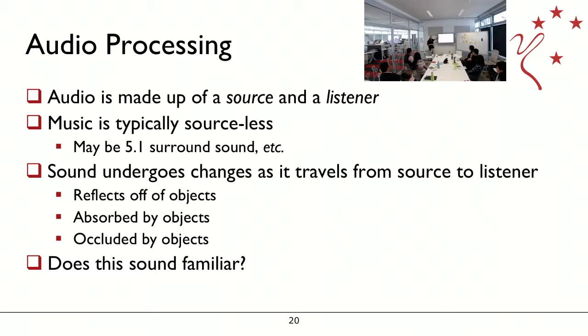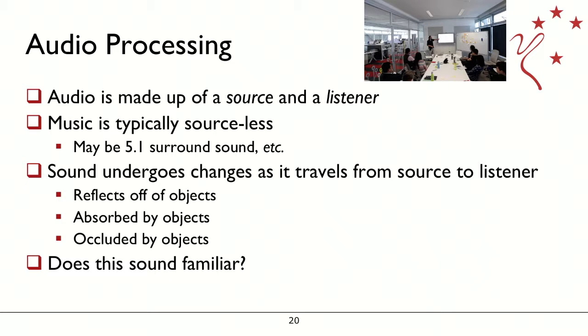Music is typically sourceless. There are some genres where they build in changes from left to right. There's stereophonic sound, quadraphonic sound that kind of fell off, and now ambisonic sound is coming back. But in general, music doesn't really come from anywhere, unless there's a radio on the table that the music should come from in the environment.